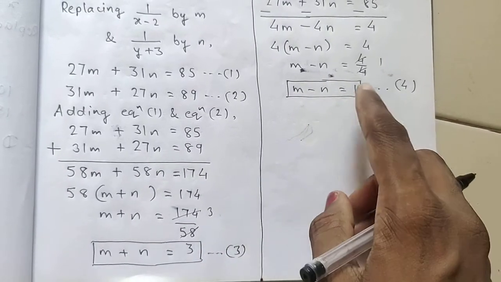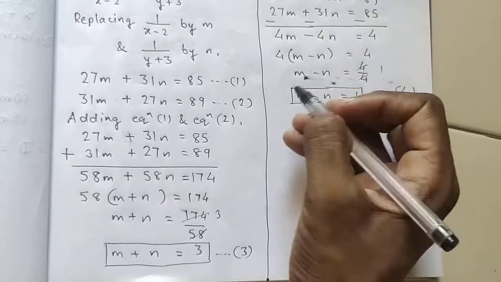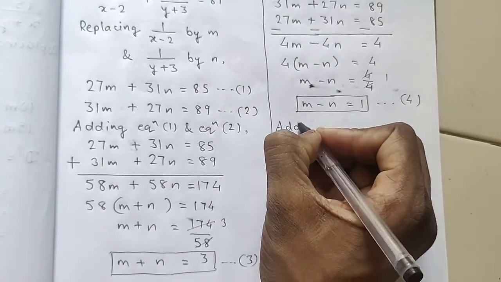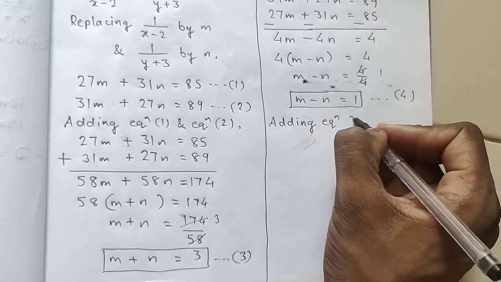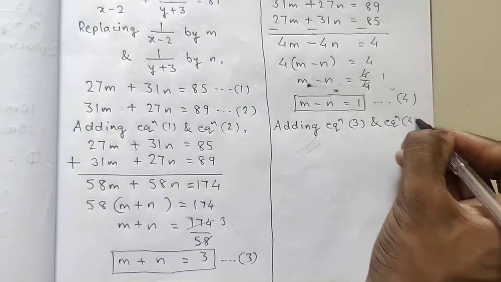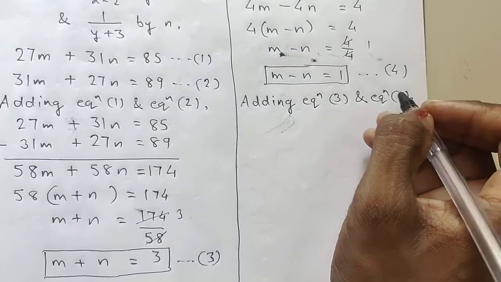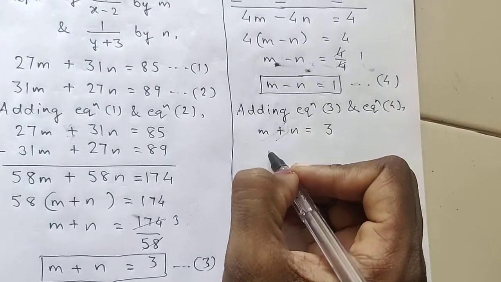Now we got two new equations and we are going to add these two equations. So adding equation 3 and equation 4. What is equation 3? m plus n equal to 3.